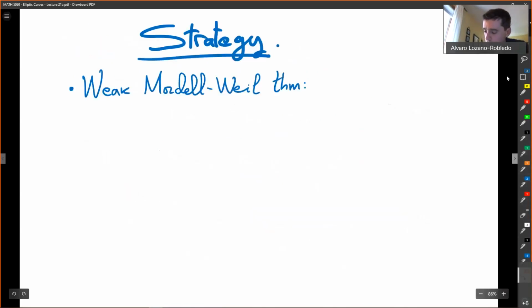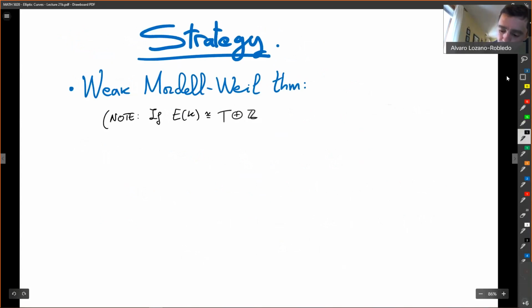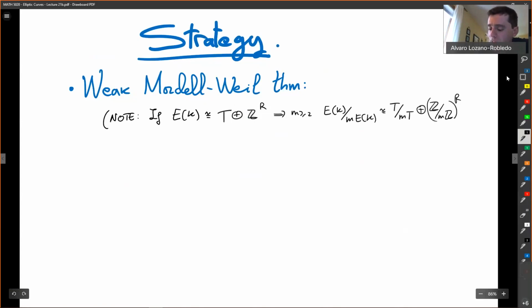Note, before I state the weak Mordell-Weil theorem, that if E over K is isomorphic to, I'm going to call it just T here, the torsion subgroup, a finite group plus r copies of the integers, then for any M bigger or equal to 2, E(K) modulo M times E(K) is T mod MT plus (Z mod MZ) to the r, which is finite.